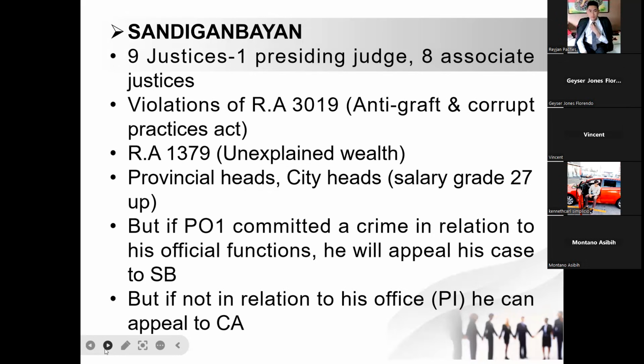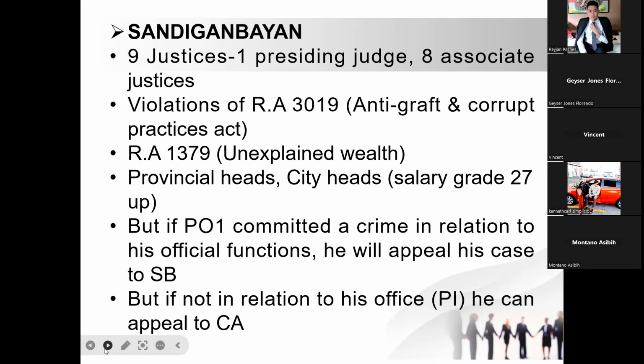Kapag matalo sila class, halimbawa natalo sila sa MTC at RTC, mag-appeal sila ngayon sa Sandigan Bayan. But kapag hindi naman related yan sa official duties nila or their office, he can appeal to Court of Appeals naman yan. Okay? So yan yung tinatawag natin na Court of Appeals.